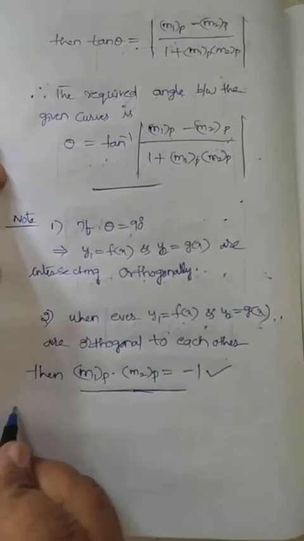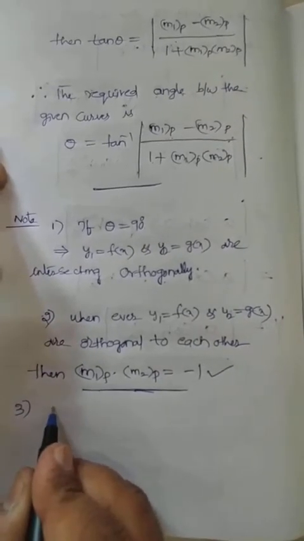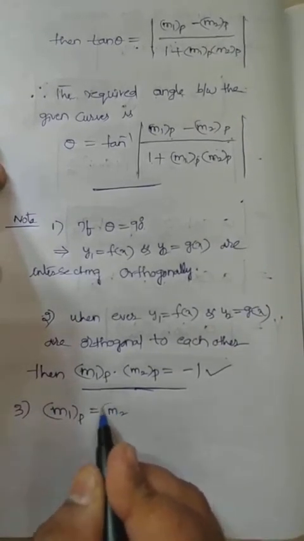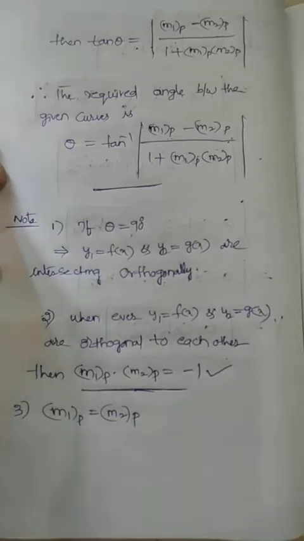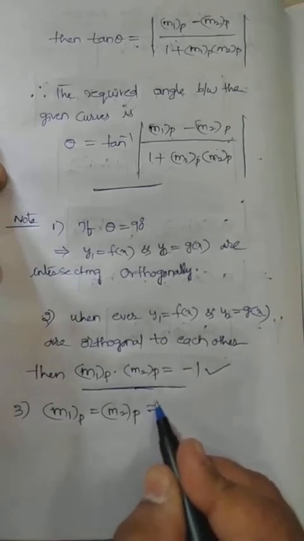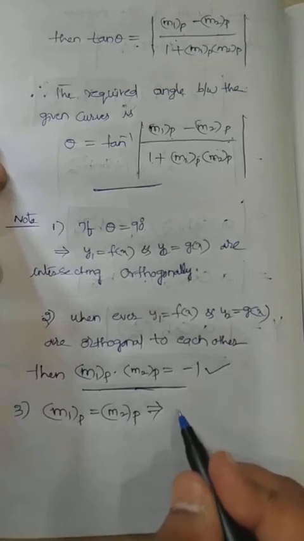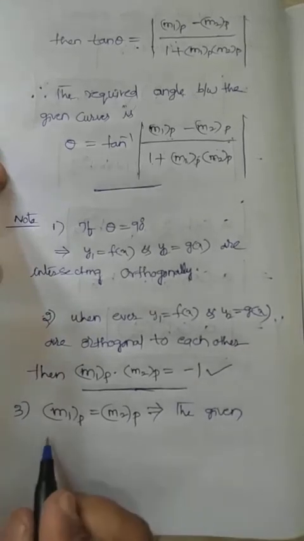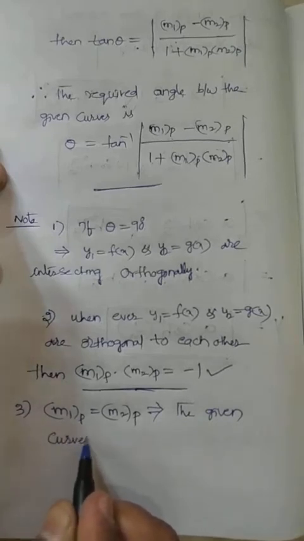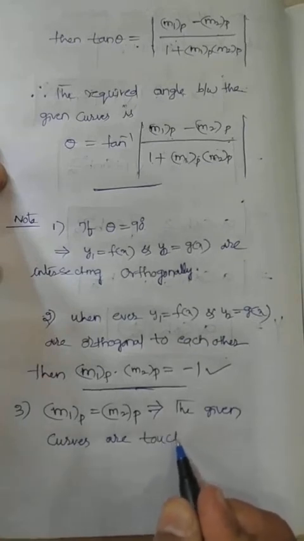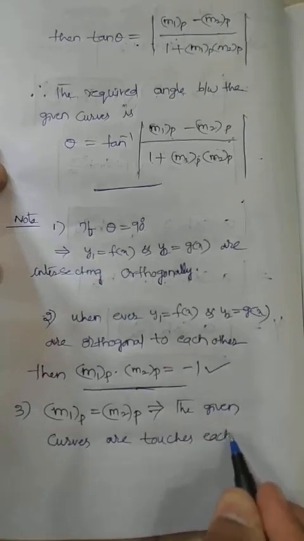And the third note: whenever the slopes of the tangents are equal, meaning m1 at p is equal to m2 at p, then we make the condition that the given curves touch each other.